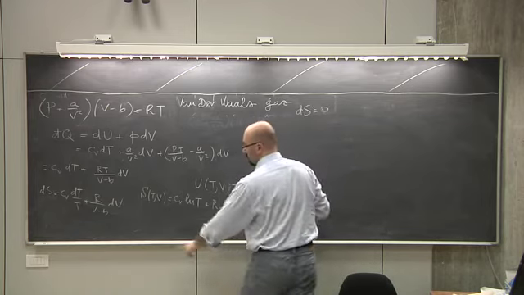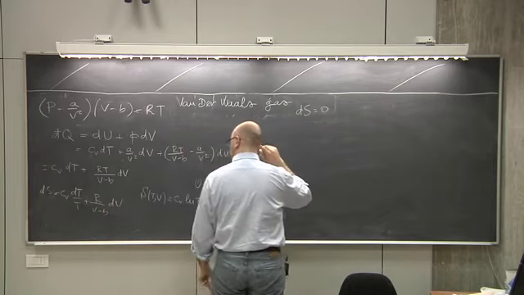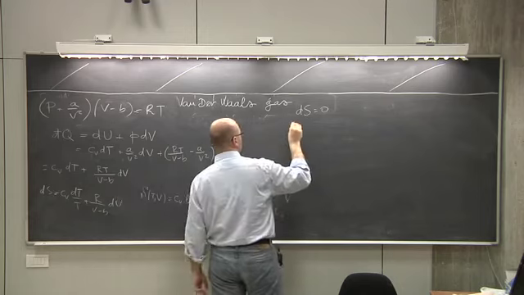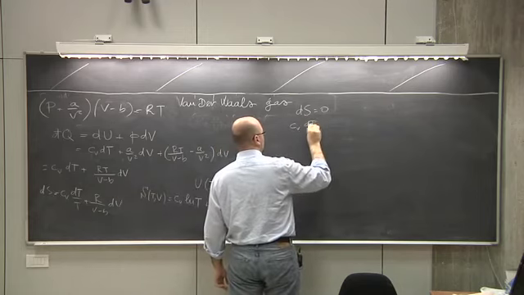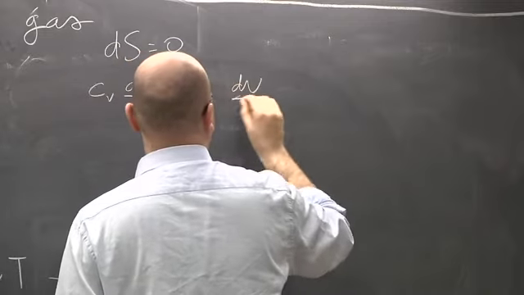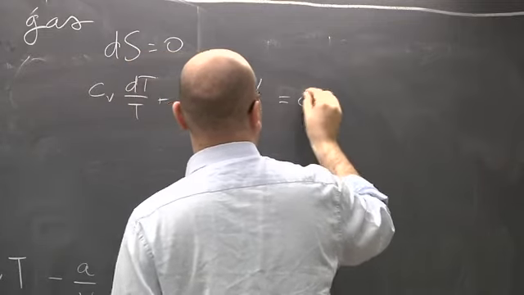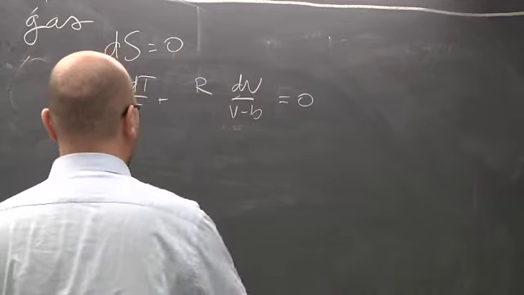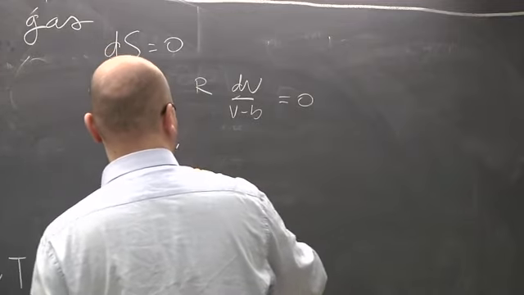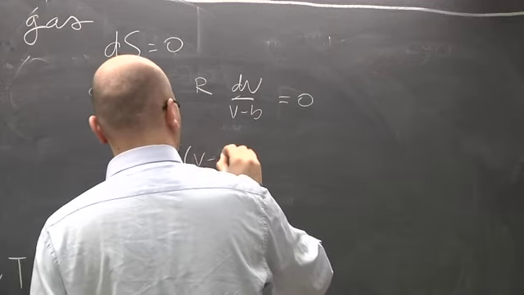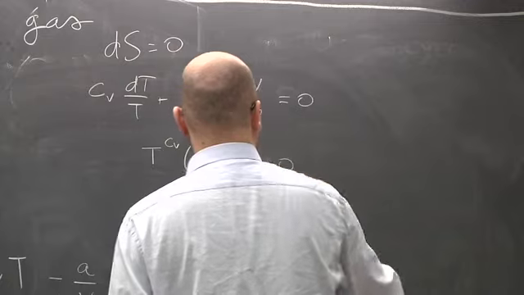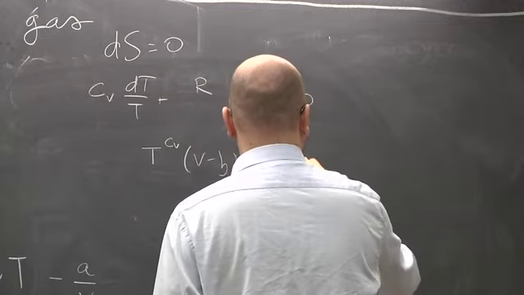So from this, we find that Cv dT over T plus R dV over V minus B is equal to 0. So this means that T to the Cv times V minus B to the R is equal to a constant, sorry.